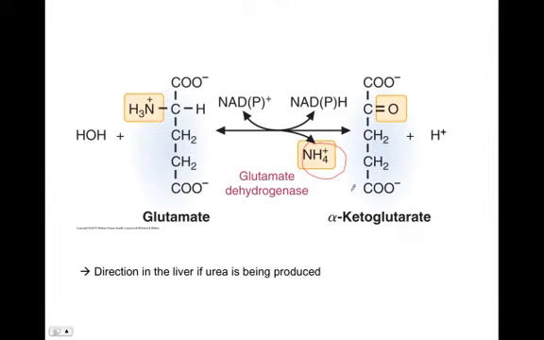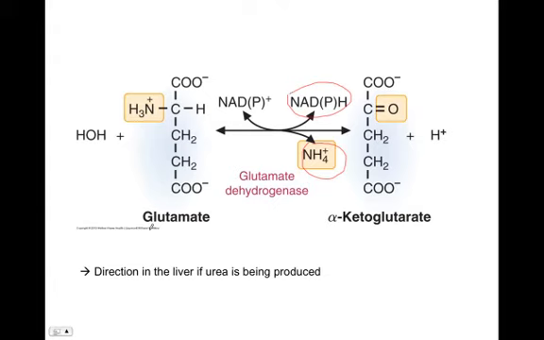This is an important reaction, as this ammonium can then be incorporated to produce urea. In this direction, going from glutamate to alpha-ketoglutarate, again, ammonium is released, and NAD plus or NADP plus is required as a cofactor and is reduced to form NADH or NADPH.